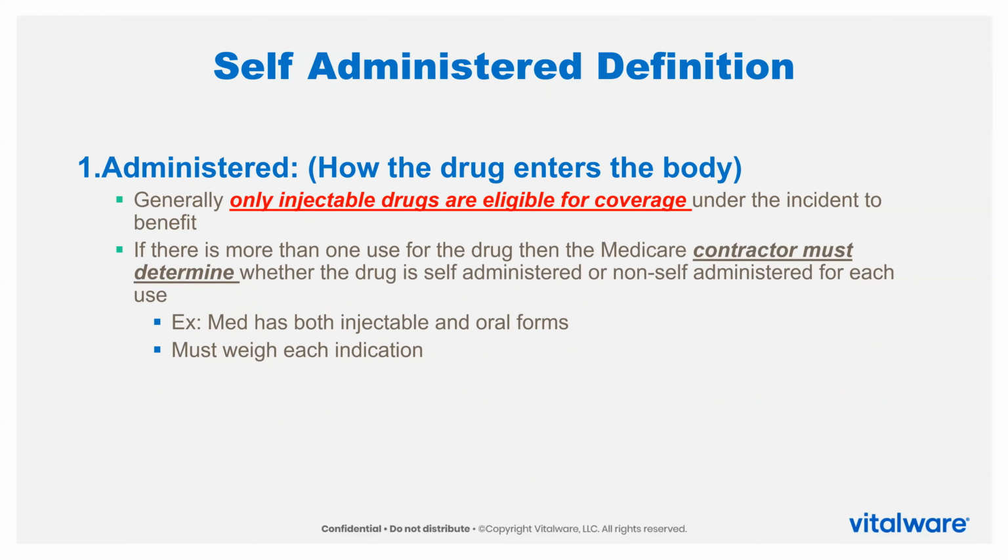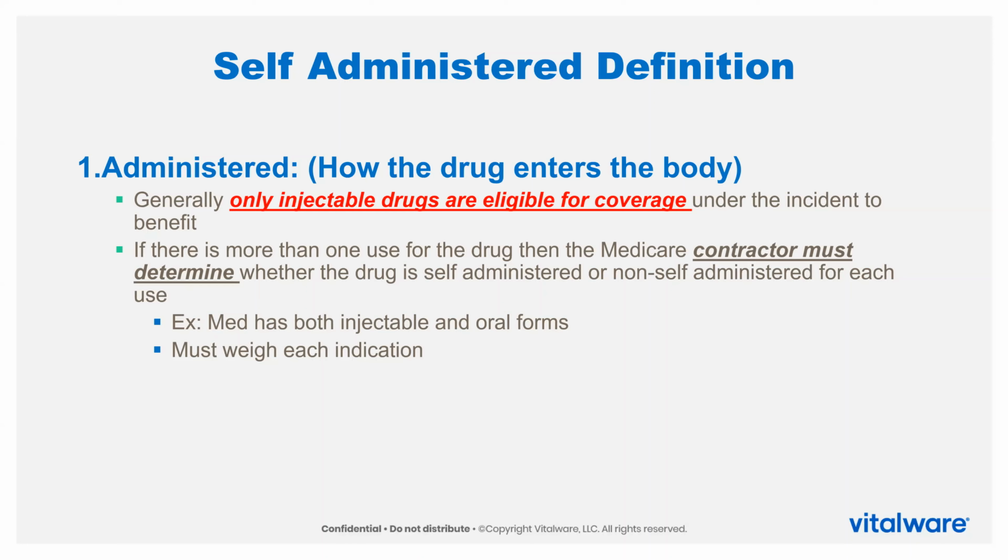Only injectable drugs are eligible for coverage under the Incident 2 benefit. So this is a separate one. Under Incident 2, the injectable drugs are eligible. If there is one or more use for the drug, then the Medicare contractor must determine. So here's an example where something with an IV could be denied. The contractor has to decide what is the most prevalent use of that drug.